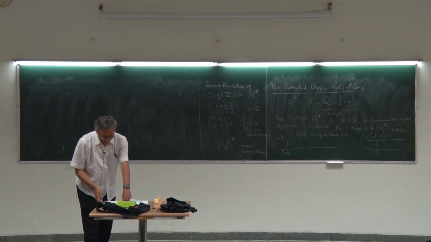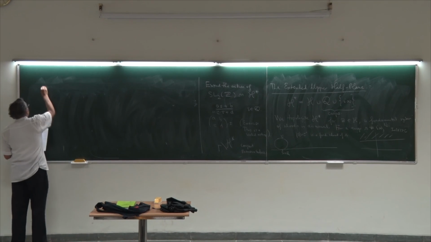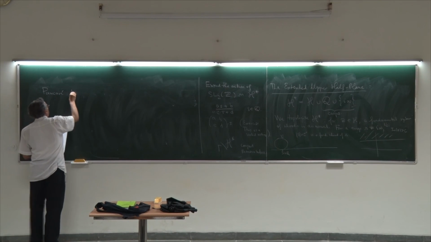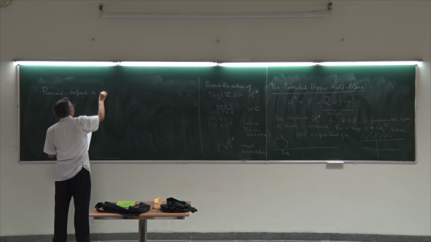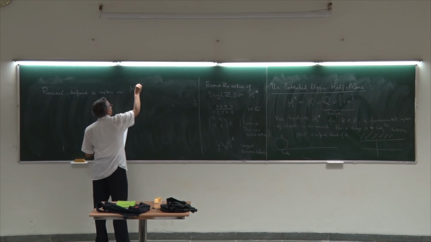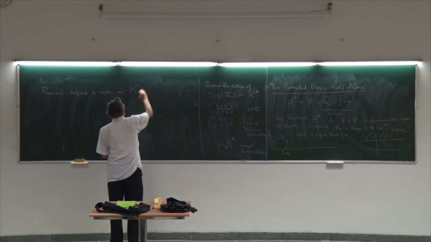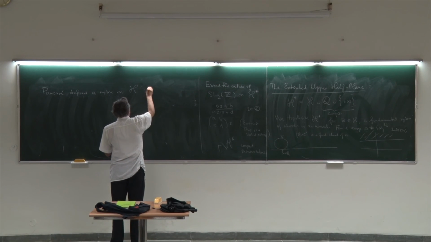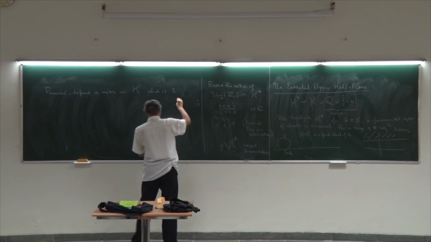So Poincaré defined a metric on H star, or H, let's just leave it at H, which is SL2R invariant.